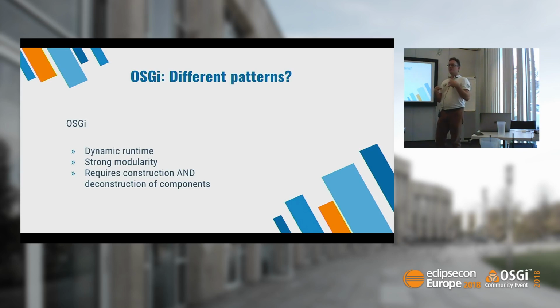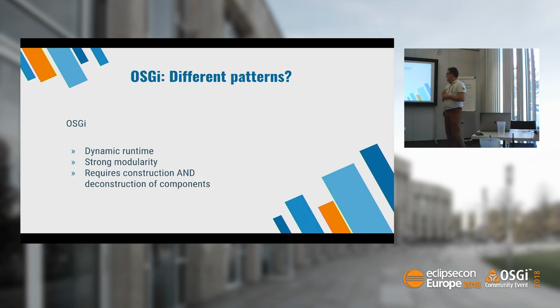But you also have some special services in OSGi that help you manage this in a more automatic way, and sometimes the patterns can use that. There's also strong modularity, which can help where in some other architectures you cannot scale to a lot of code. In OSGi you can, and some patterns then make more sense for OSGi than other ways.